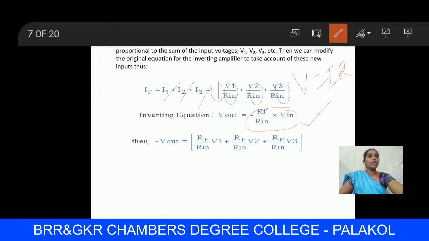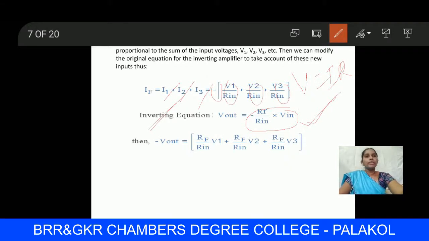The gain of an inverting amplifier is V naught by V in is equal to minus Rf by R in. Therefore the equation can be written as V naught equals minus Rf by R in into V in. This is the gain equation for the inverting feedback amplifier.